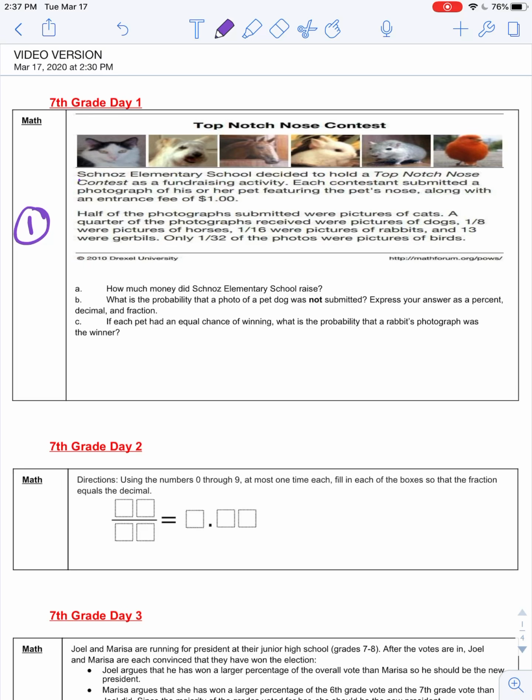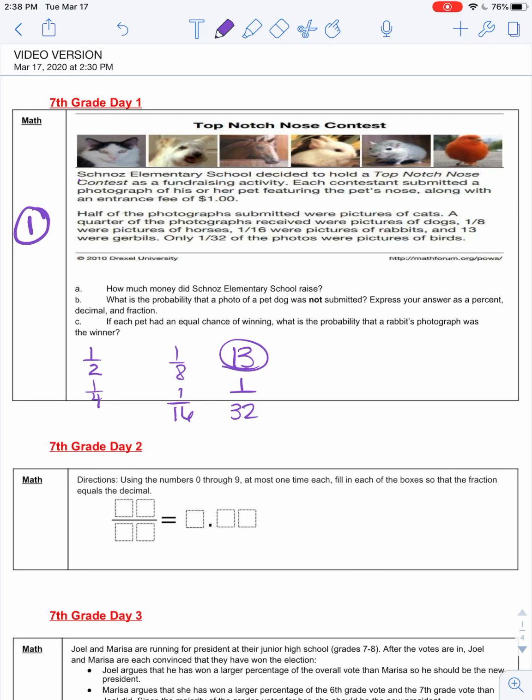So half of them were cats, a quarter of them were dogs, an eighth were horses, a 16th were rabbits, and 13 total were gerbils. And only 1 out of the 32 were birds.